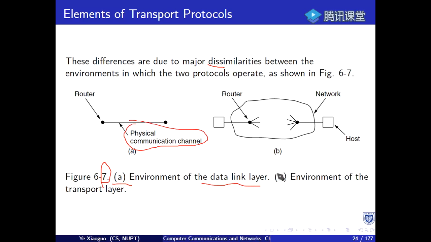Subfigure B shows the environment of the transport layer, which is a network. We don't know how many hops, how many routers, how many links are between the two ends.